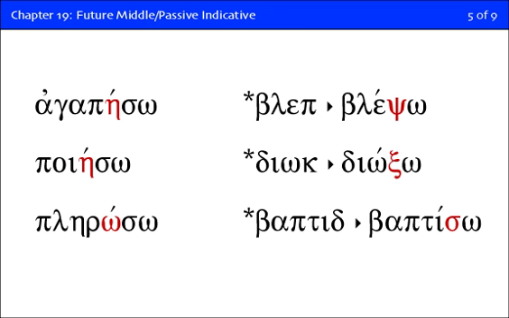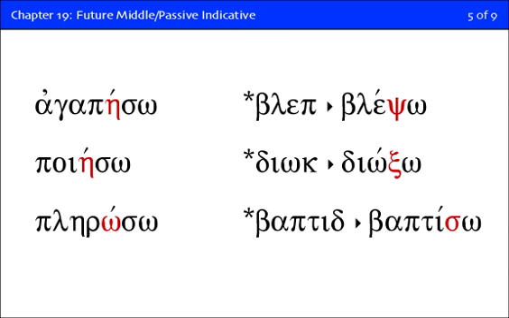In contract verbs, the final contract vowel lengthens before the tense formatives. Alphas and epsilons go to eta, omicrons go to omega. But that doesn't mean you have to memorize agapeso because it's not an alpha, it's an eta. No, you don't. You just know that contract vowels lengthen before tense formatives. Other than that, they're perfectly regular, okay?